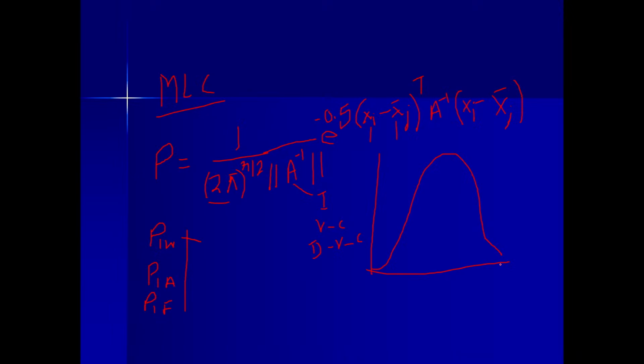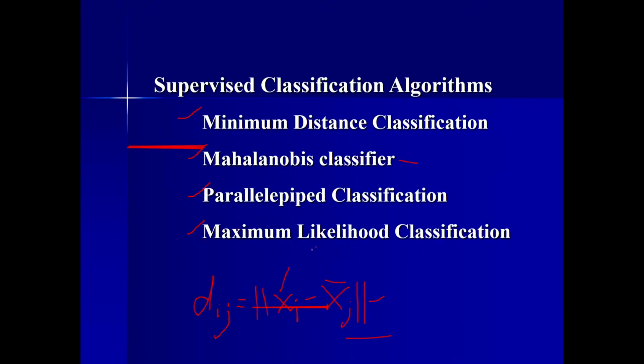In case your data in each band, which you can check on the training data, does not follow the normal distribution, then the algorithms which use the variance covariance matrix, like the maximum likelihood classifier, if it is using A inverse as a variance covariance or diagonal variance covariance matrix, or Mahalanobis distance, if it is again using the variance covariance matrix, may not be able to give very good results if the data is not normally distributed.